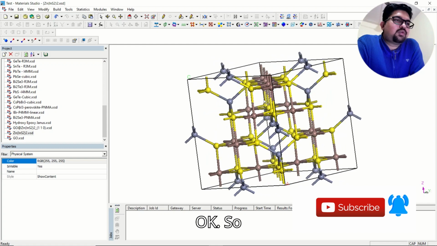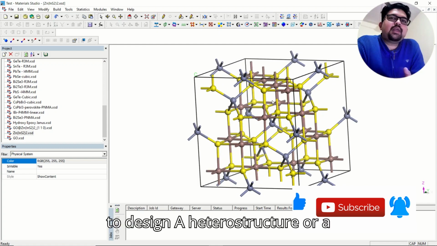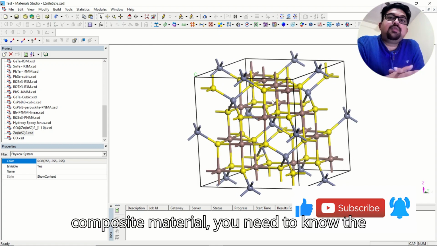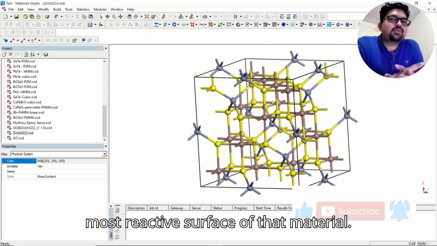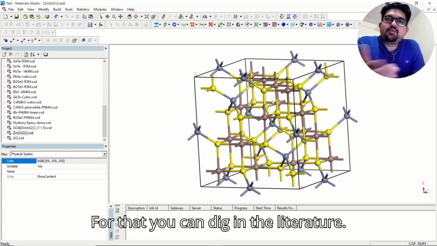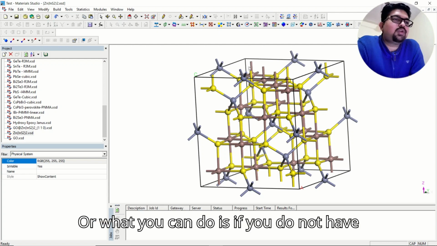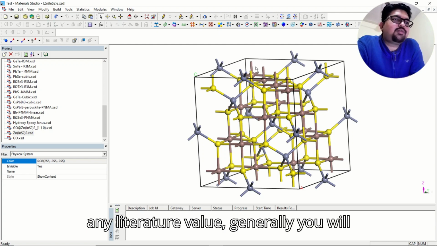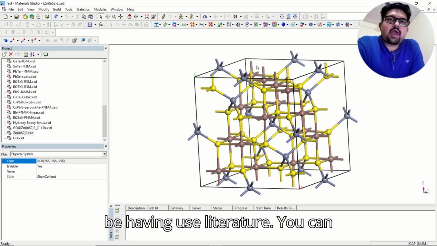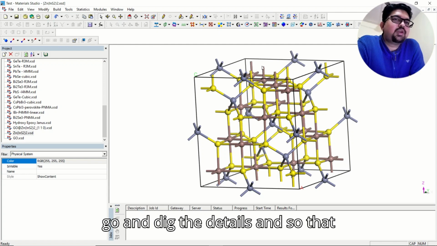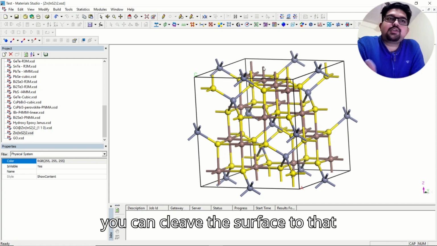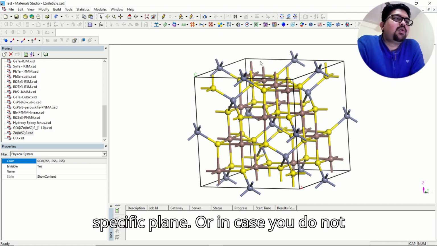Okay, so to design a heterostructure or a composite material, you need to know the most reactive surface of that material. For that, you can dig in the literature, so that you can cleave the surface to that specific plane.